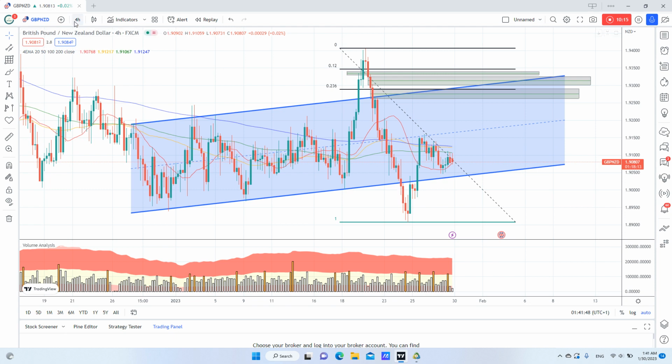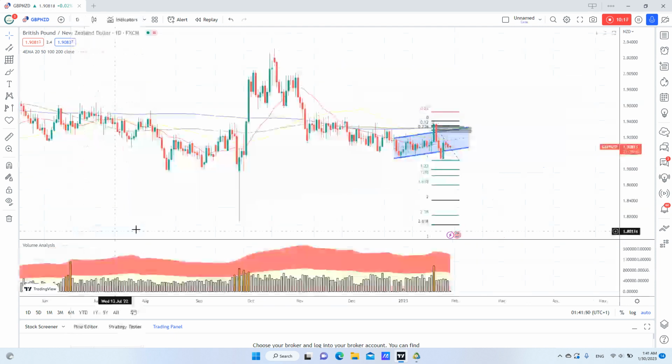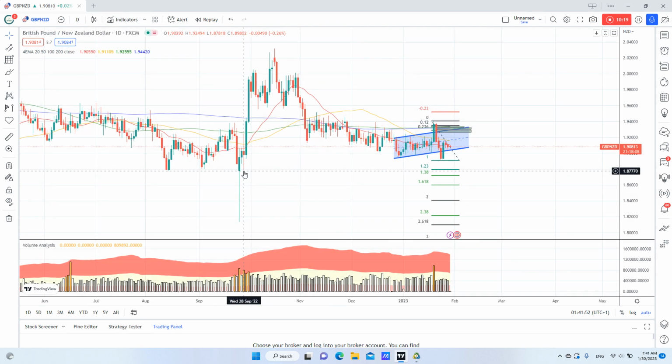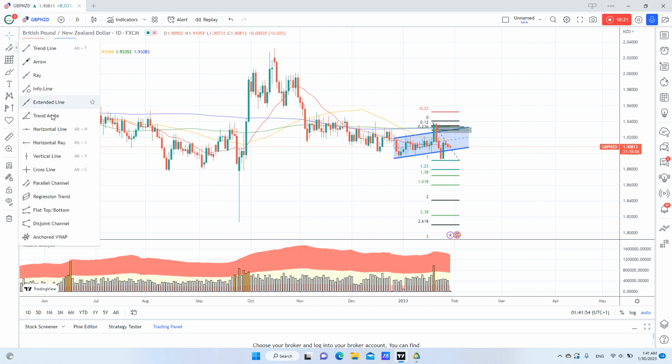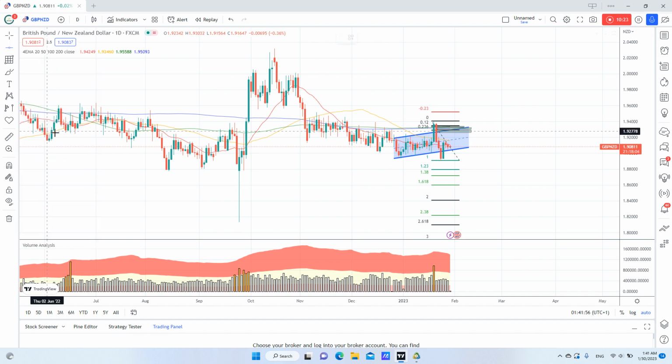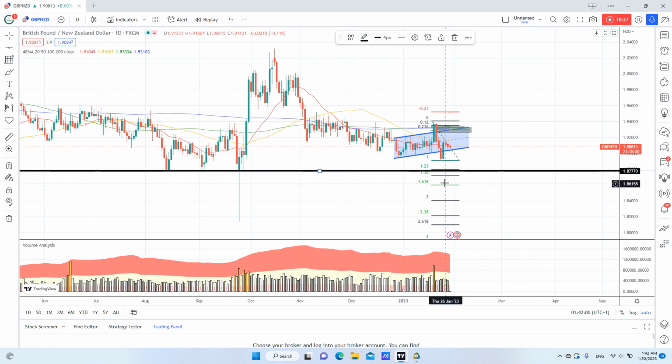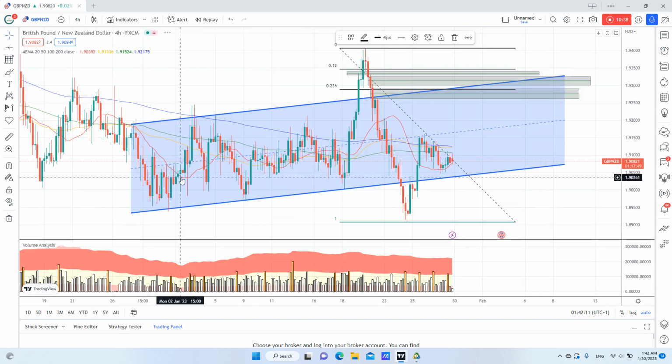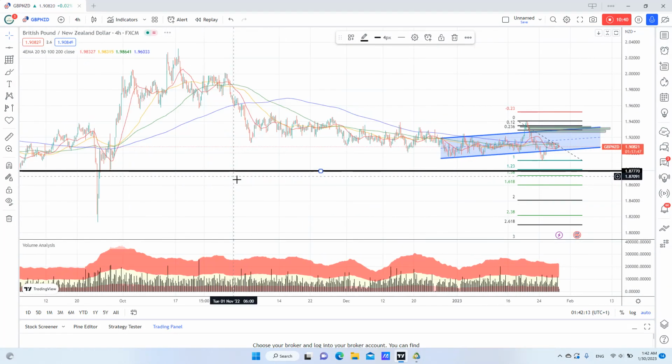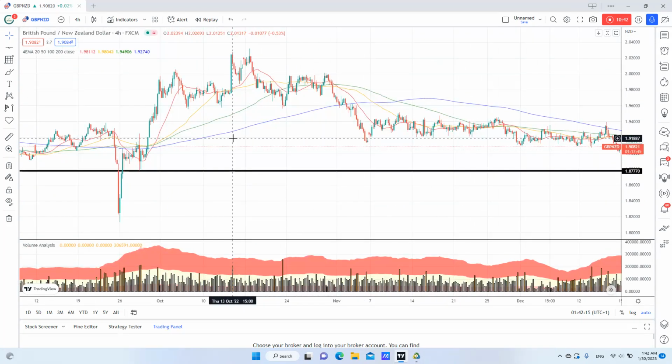So we will target, it is the same here. Here we have a Quasimodo line at this level here exactly, which is confluent with the 1.23 level, and we can go and search for an entry here.